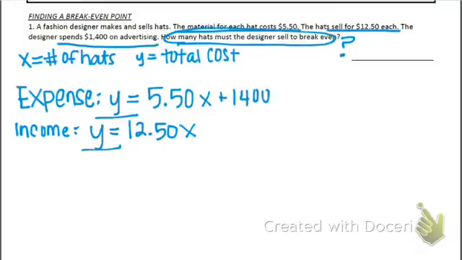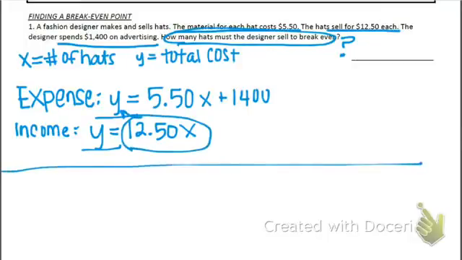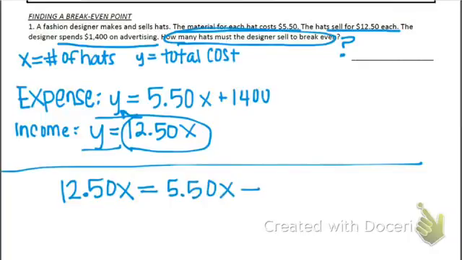I would probably substitute 12.50x in for y up here at the top. Okay? So I'm going to take that 12.50x and substitute it for y in the other equation. So that's going to give me 12.50x equals 5.50x plus 1400.